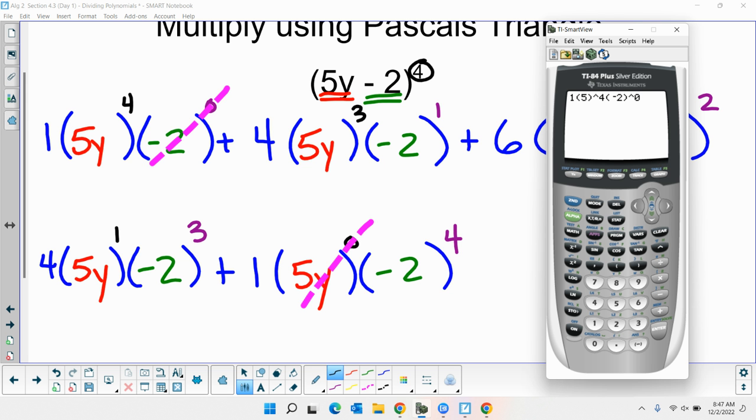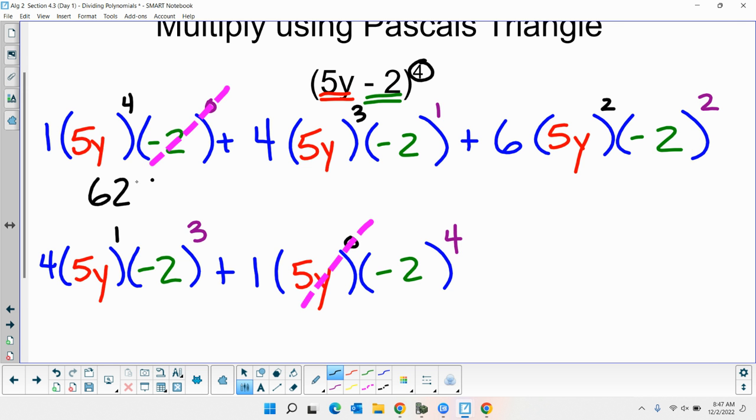Just the numbers. 625. 5 to the 4th, basically what that is. 5 times 5 is 25, times 5 is 125, times another 5 is 625. All right? Y to what power? 4. Okay? Don't forget about the variable part.